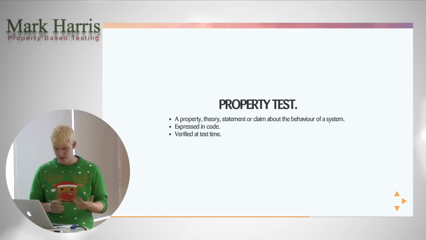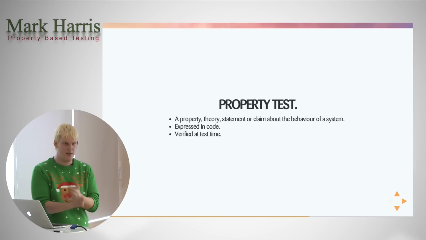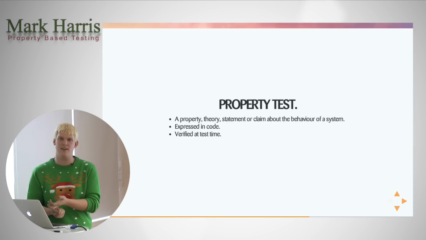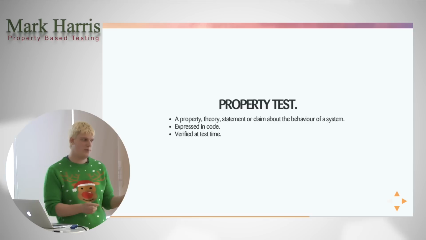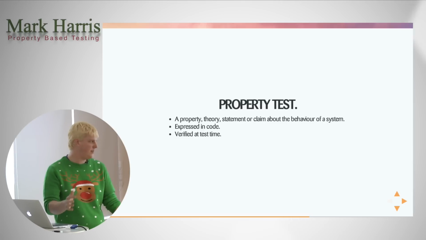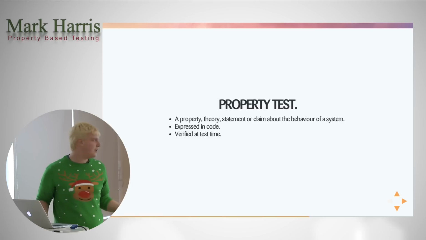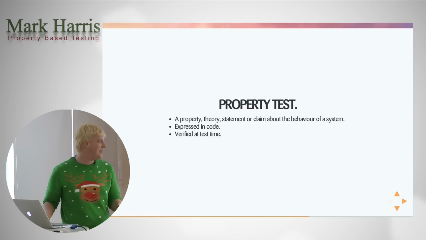It doesn't have to involve randomly generating data. You can exhaustively test parts of your system, and that's a property test. You're testing a property of the overall system, and you're doing it exhaustively, so you should then be very confident that it's doing what the property expresses.